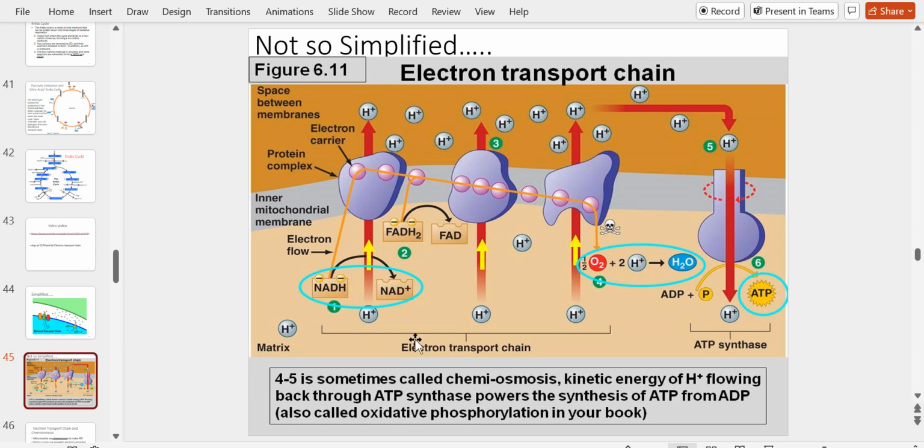And you'll see the whole idea, remember those NAD molecules and FAD molecules? This is called the electron transport chain, and it's showing the flow. You'll see all those hydrogens on the outside, and how they come in.